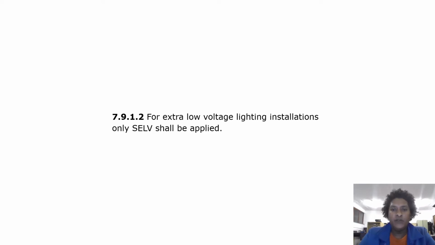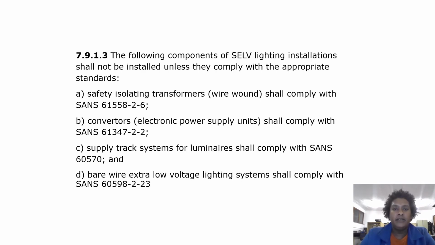For extra low voltage lighting installations, only SELV shall be applied. The following components of safety extra low voltage lighting installations shall not be installed unless they comply with the appropriate standards. Safety isolating transformers shall comply with SANS 61558-2-6.